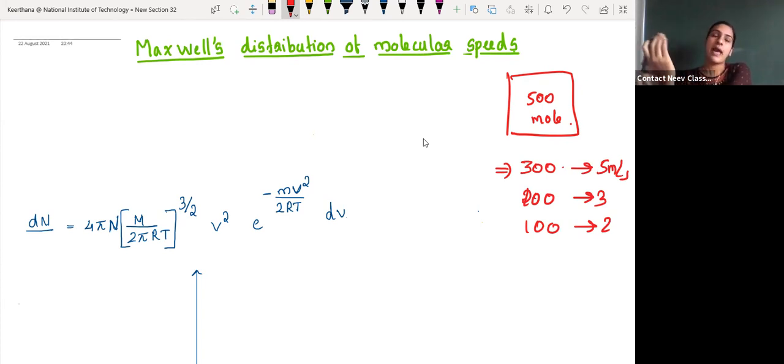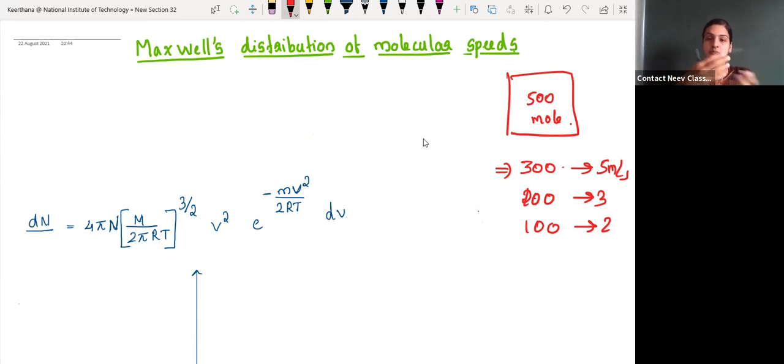If you consider a particular temperature, this distribution is going to be constant. It doesn't mean a particular molecule will have a fixed speed; there will be changes in speed, but the number of molecules having a particular velocity will remain constant at a particular temperature.